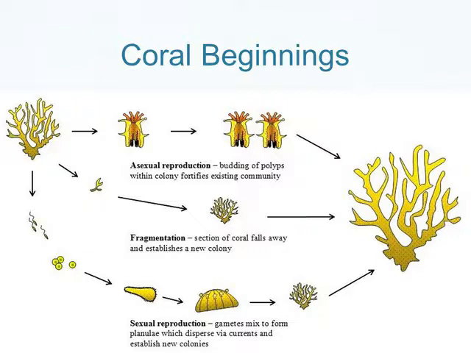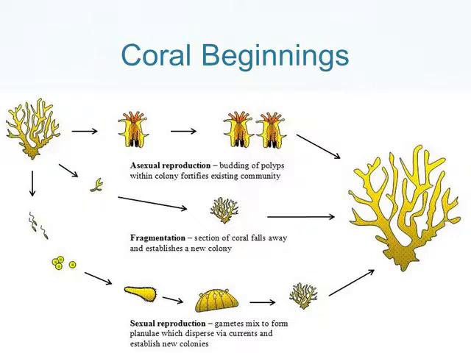The only way you can get to biodiversity is through sexual reproduction, which happens only once a year, usually somewhere between August and September, when the water temperature is at its warmest. And corals are what's known as broadcast spawners. So they release both gametes into the water column, both sperm and egg, and they do have receptors on the sperm and the egg to indicate that they are from the same coral head, so they don't fertilize each other.